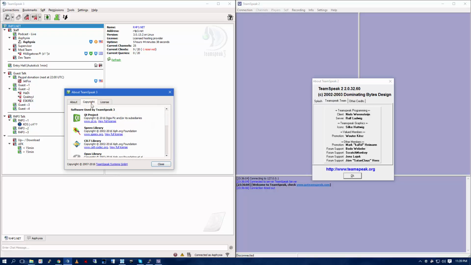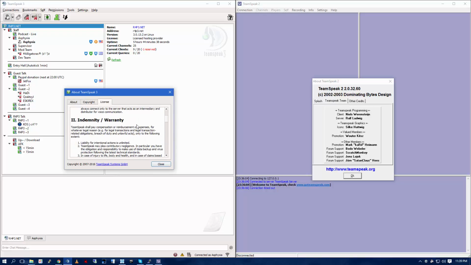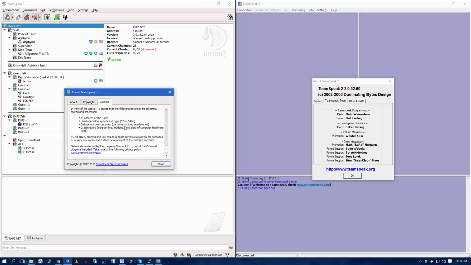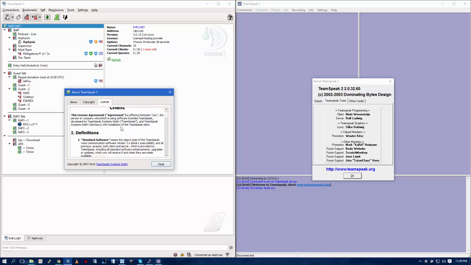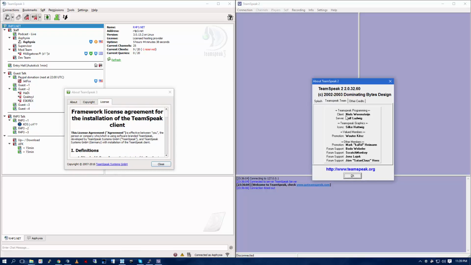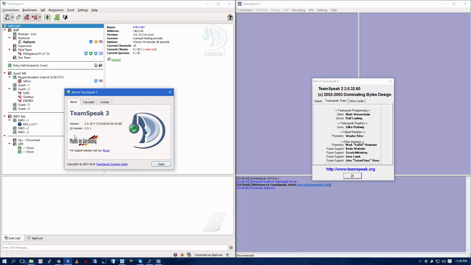So it would be nice to see credits here, because they definitely have one over on TeamSpeak 2. But Niels, I think that's how you pronounce his name, he also works on TeamSpeak 3. There's also some other guys that work on TeamSpeak 3. I really wish that I could see a list of their names.